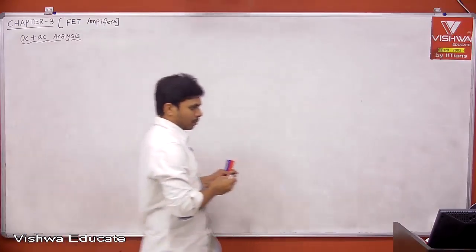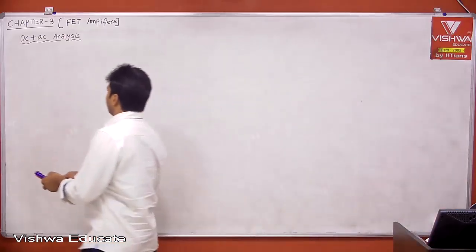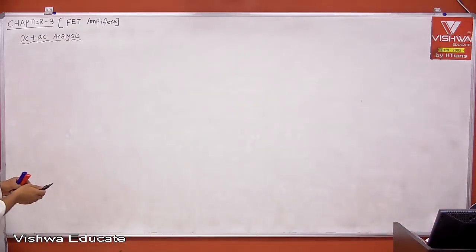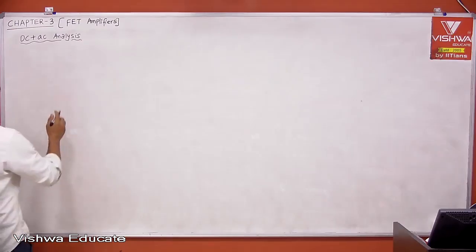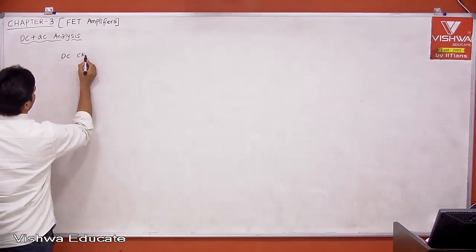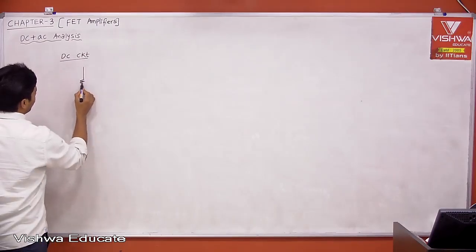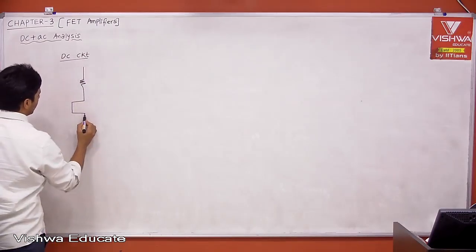Now, don't write anything. What is DC circuit? Let us start from DC circuit. DC circuit is nothing but your self bias circuit. Whatever we had seen in the case of BJT, the same thing is applied.